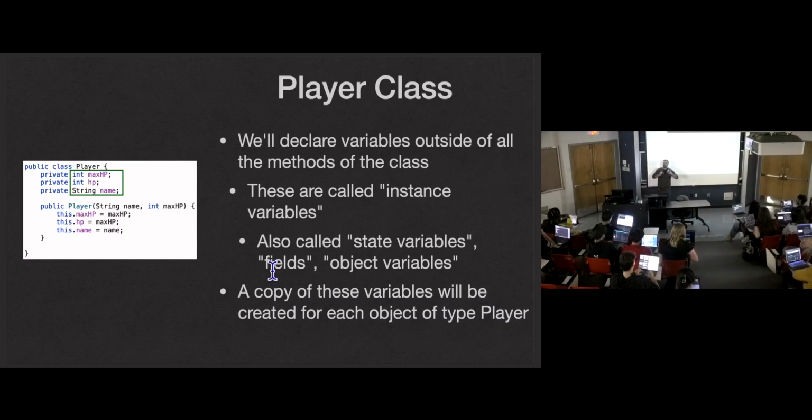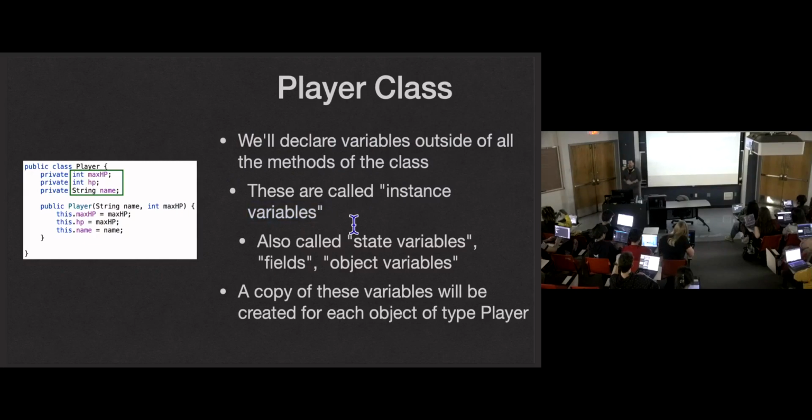Just like I can create an array list and it's empty, and create another array list and stuff 5 values in it. If I call .size, each of those array lists is going to give me different answers because they have their own copies of all the instance variables associated with an array list. So every player I create is going to have its own copies of these 3 variables. And these, I'm going to call instance variables.